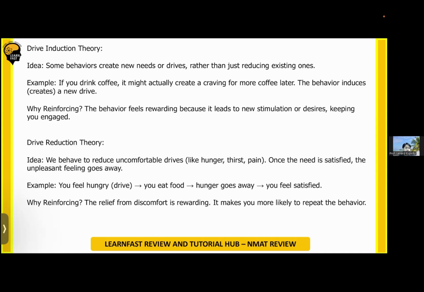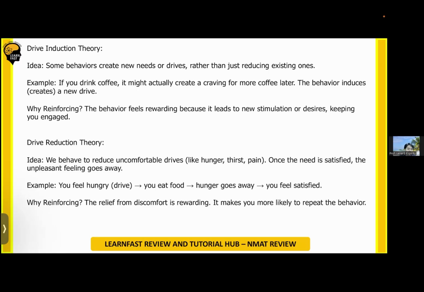For the drive reduction theory, the idea here is we behave to reduce uncomfortable drives. So once the need is satisfied, the unpleasant feeling goes away. So, for example, you feel hungry, so you feel the drive, you eat food, the hunger or the drive goes away, so you feel satisfied. So, why is this reinforcing?